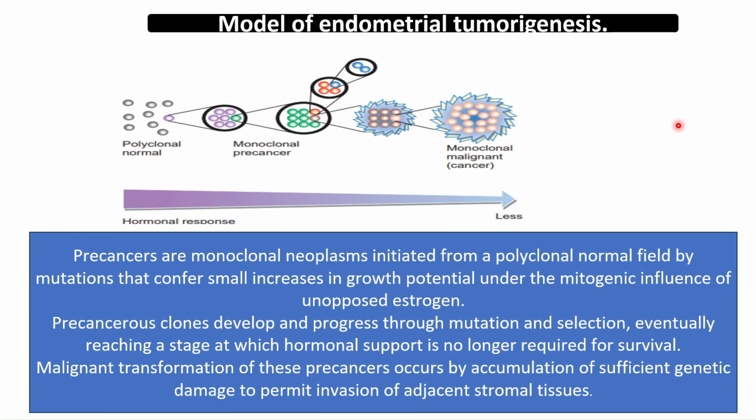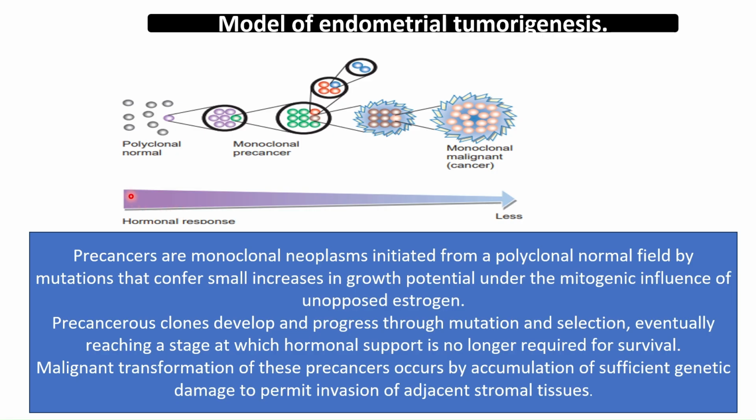So this is the model of endometrial tumorigenesis. The tumor arises from polyclonal normal cells, initiated by mutation in small areas, which have increased growth potential under the mitogenic influence of the estrogen hormone. These precancerous clones develop and progress through mutation and selection, eventually reaching a stage at which hormonal support is no longer required for survival.